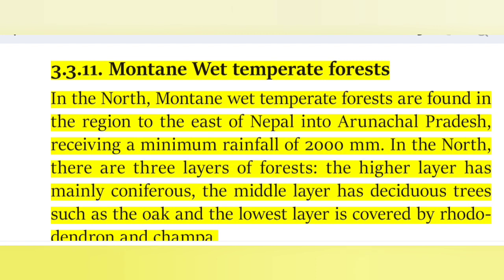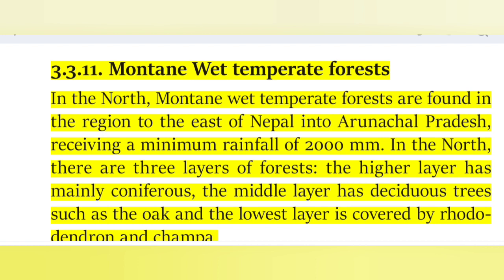So in the north, mountain wet temperate forests are found in the region to the east of the नेपाल का ईस्ट में into अरुणाचल प्रदेश, receiving a minimum rainfall. उधर तो rainfall बहुत ज़्यादा होता है ना, so minimum rainfall 2000 millimeter तक चाहिए. In the north, there are 3 layers of forest.